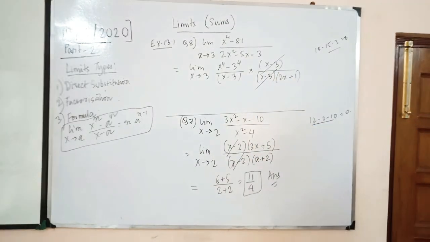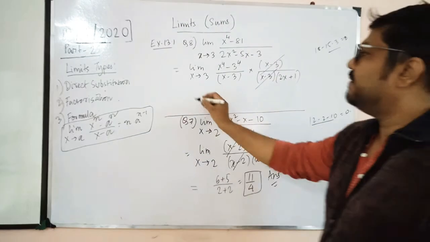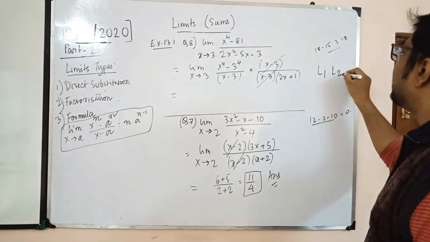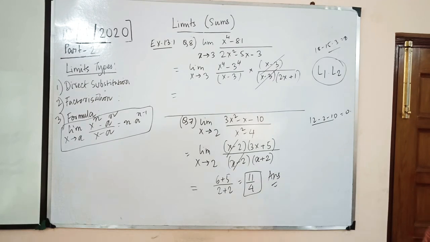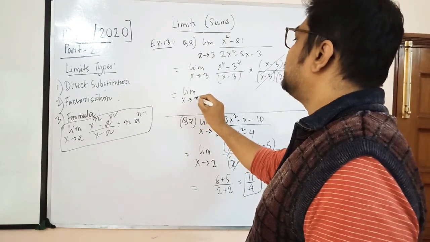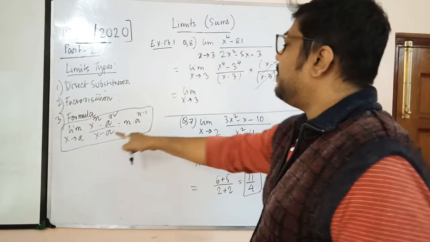Okay. Now after this, what I will do, I will use a L1.L2 type. L1.L2 is what? The product of limits of two functions. So I will just separate it out. Limit x extends to 3. So it resembles the formula.